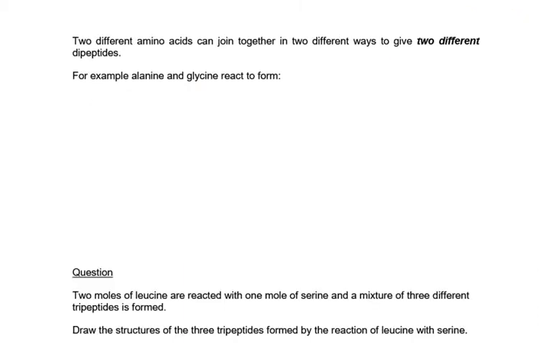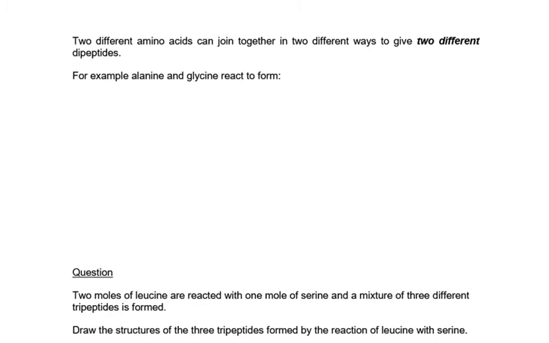So if you've got two different amino acids, they could join together in two different ways, because putting something on the left will lead to a different product than if you put it on the right, because the standard way to draw these is with the amine group on the left and the carboxylic acid group on the right. So whichever one's on the left is going to lose the OH from its carboxylic acid group, but whichever one's on the right of my dipeptide is only going to lose the hydrogen from the amine group.